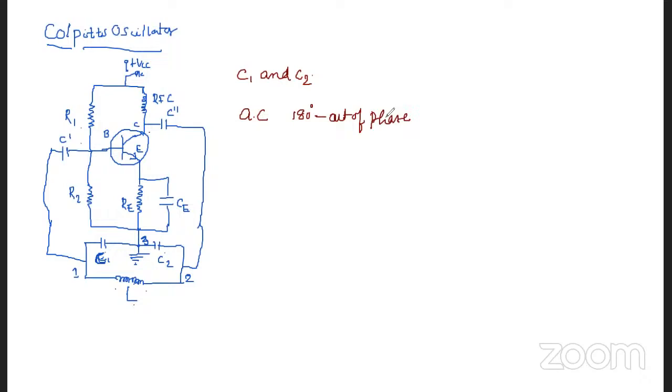Then a further phase shift of 180 degrees takes place between the output and input voltages produced by this common emitter transistor.